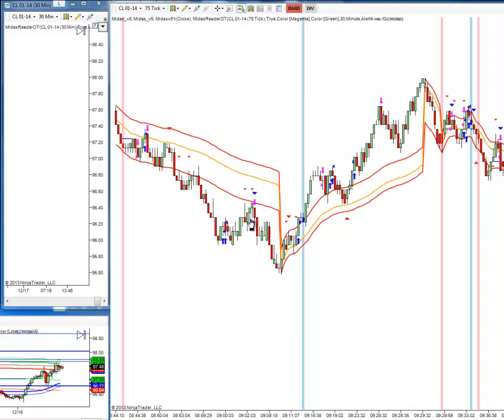Let's see here. Okay, yeah, so then we had a little bit of a consolidation in here. Broke below it, and when it broke back above and tested potential support and started moving higher, I exited.